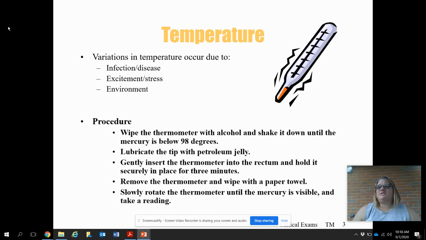Digital thermometers can take 30 seconds to a minute and a half, depending on whether it is still reading an increase in the temperature. And then after you're done with that thermometer, you want to remove it from the rectum, wipe it off. You want to notate the temperature for the animal, and then put it back to where it belongs.